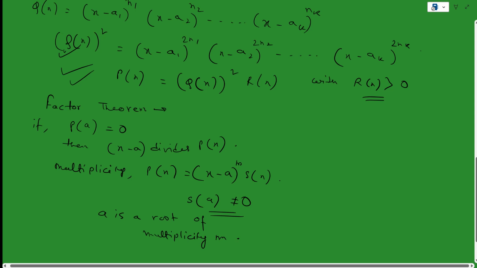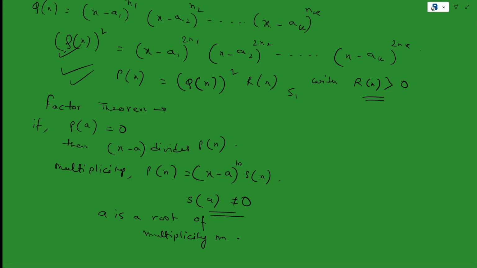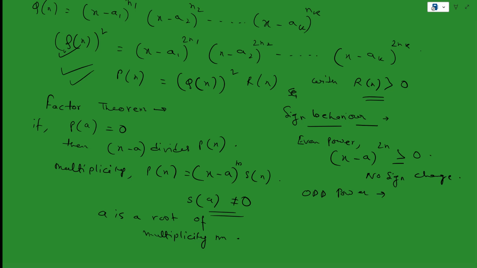Now, the sign behavior. Even power: (x minus a) to the power 2n is greater than or equal to 0, no sign change. And for the odd power, (x minus a) to the power 2n plus 1 changes sign across a.